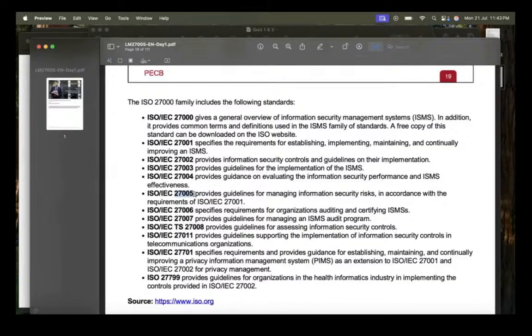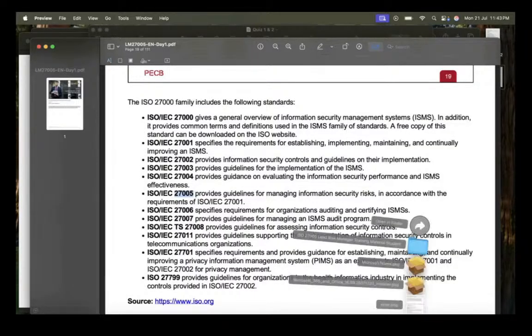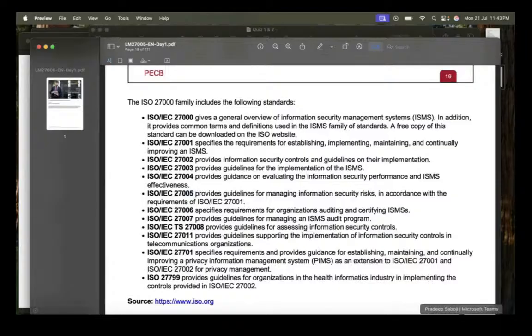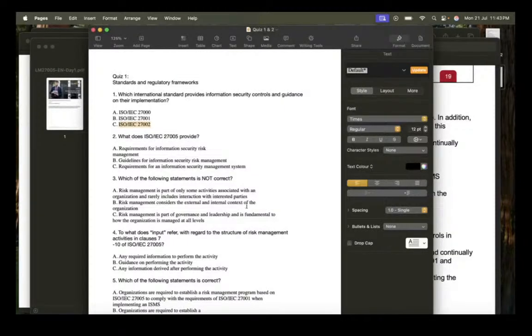Yeah, correct. So the options we have here: the first is about the requirements for information, the second option is guidelines for information security risk management, and the third is requirements for an information security management system.